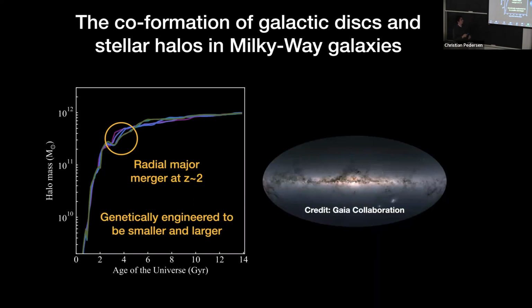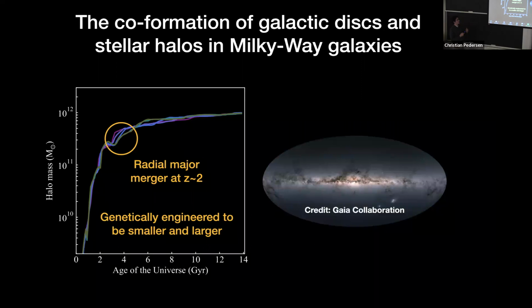And so what we then wanted to do is to see if we could use these types of experiments to inform on the formation of the Milky Way and learn how this radial merger reproduces, or doesn't, galactic observables.